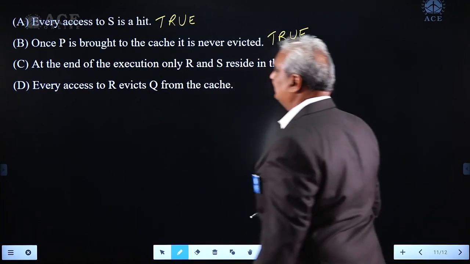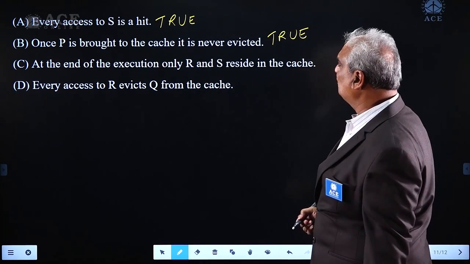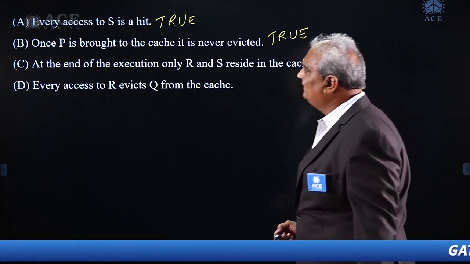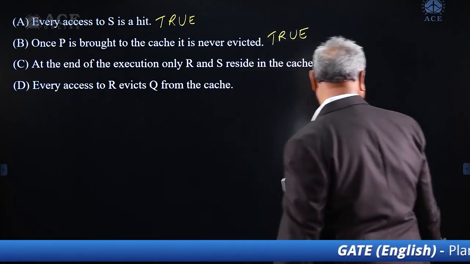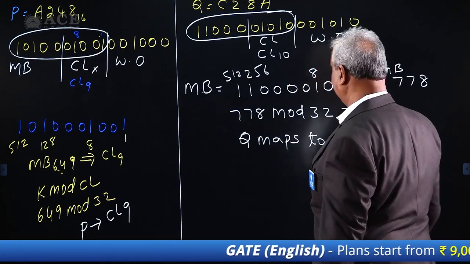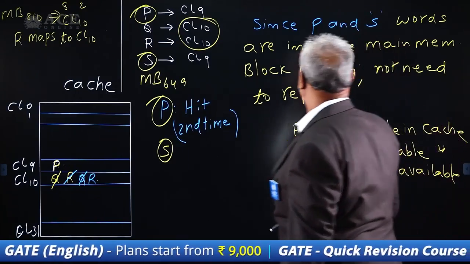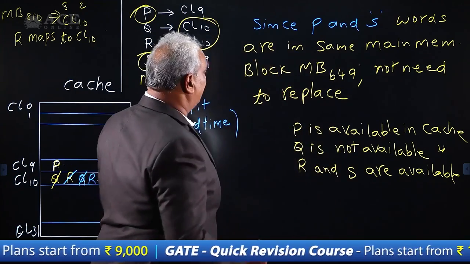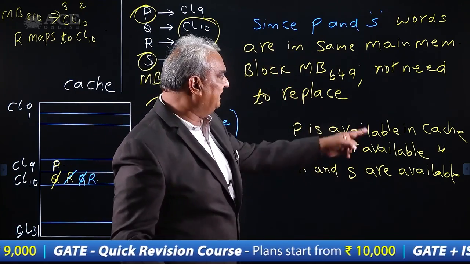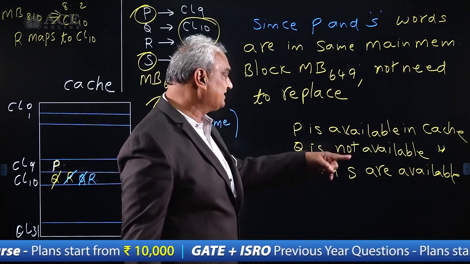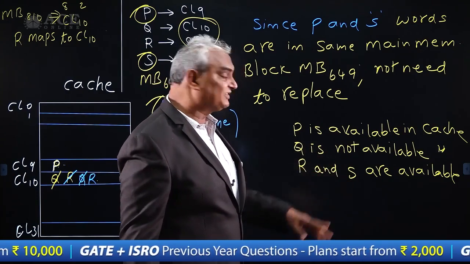Next, option C. At the end of the execution, only R and S reside in the cache. After completion of execution, P is available, Q is not available, R and S are available.